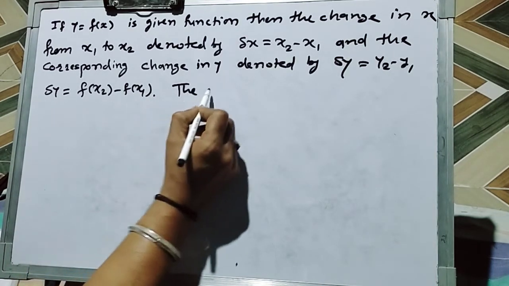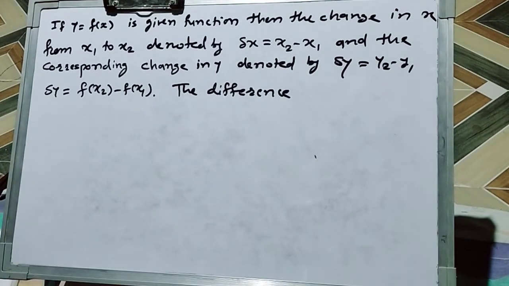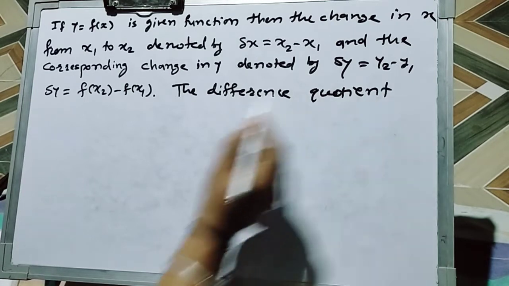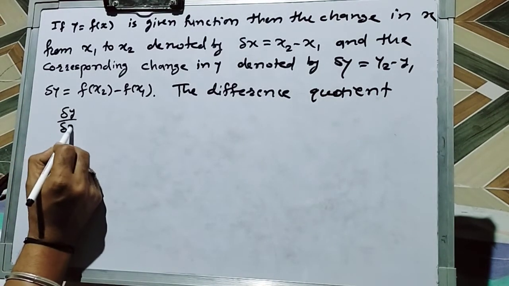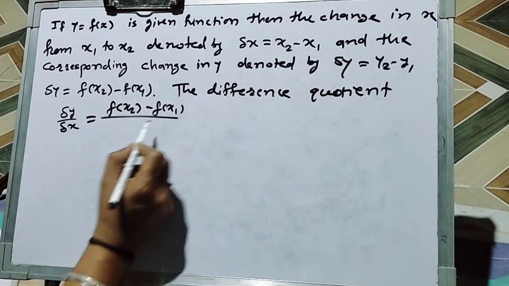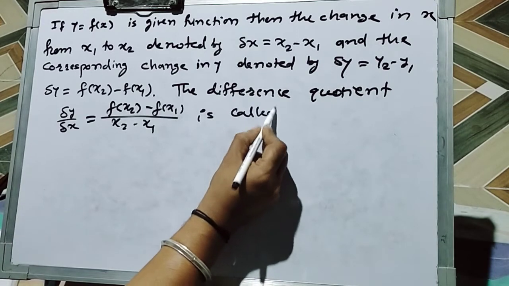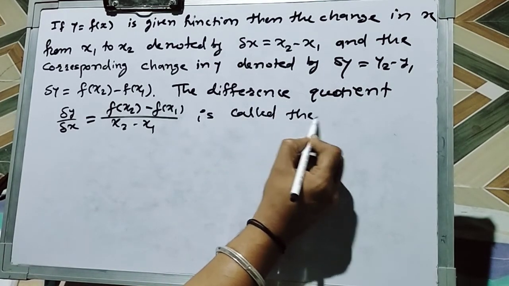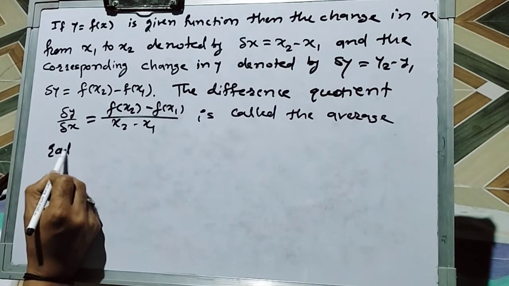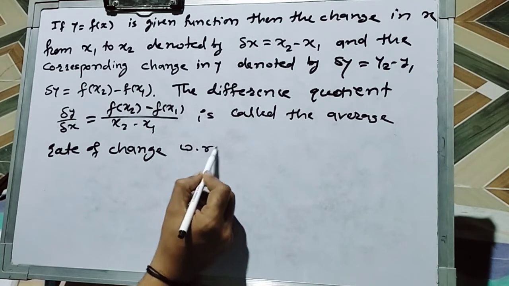The ratio delta y by delta x, which is equal to f of x2 minus f of x1 divided by x2 minus x1, is called the average rate of change with respect to x.